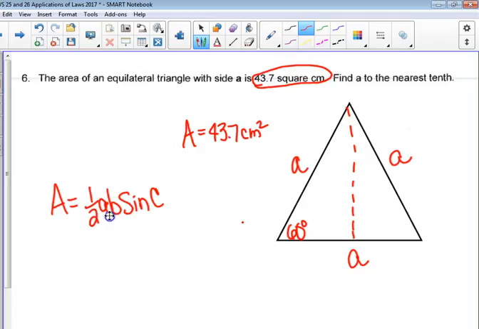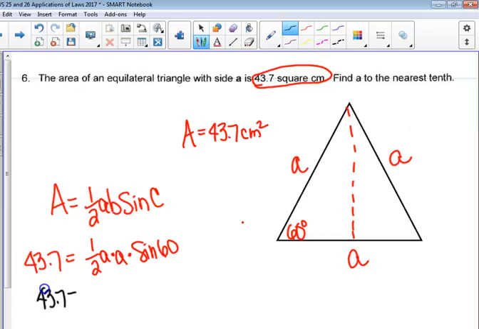What are the two sides going to be? A and A. And this is going to be the sine of 60. And this is 43.7. Do we know the sine of 60? The sine of 60 is square root of 3 over 2, right?